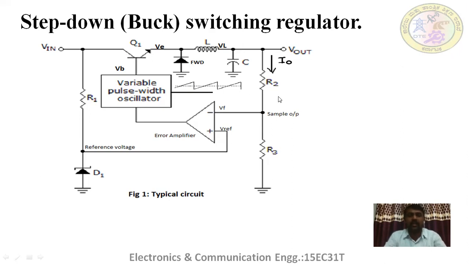Any closed loop circuit provides the desired output continuously. I mean, if the output tries to change or vary, that variation can be corrected automatically by these feedback networks, and this is the responsibility of feedback circuitry.